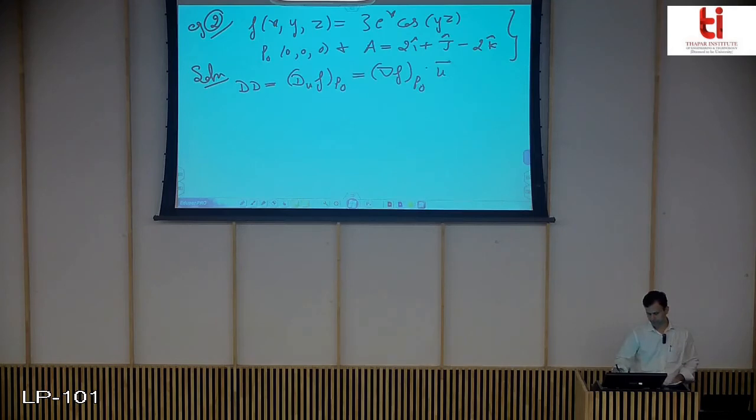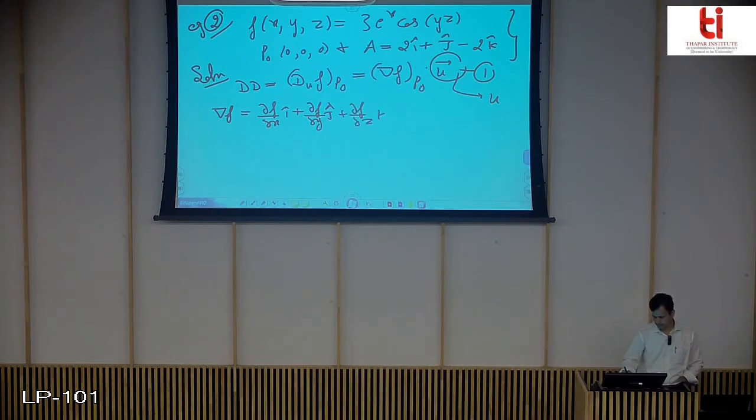gradient of f dot u. In some of the books they write simply u or u vector. You can use either notation, it depends upon you. So now the gradient of f is del f/del x i plus del f/del y j plus del f/del z k.